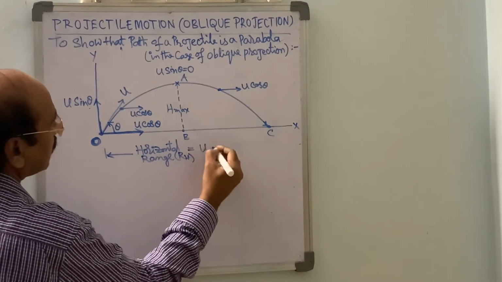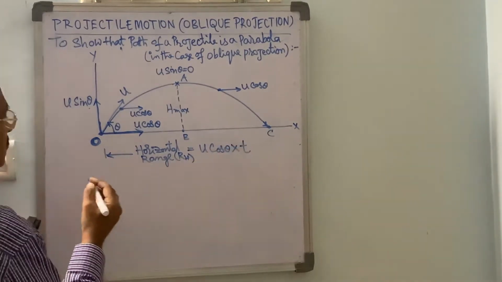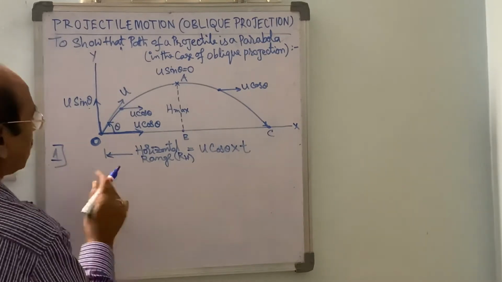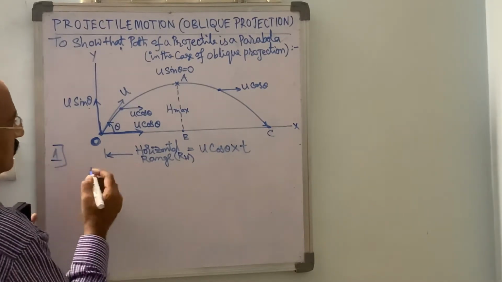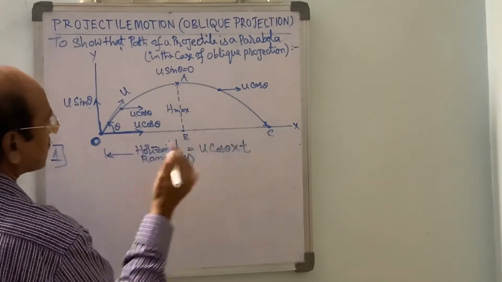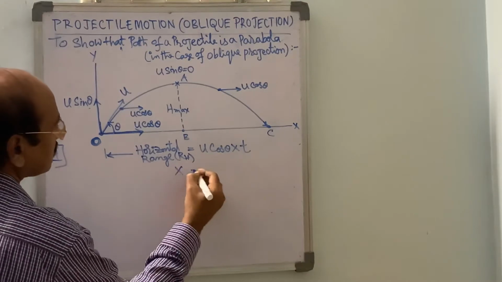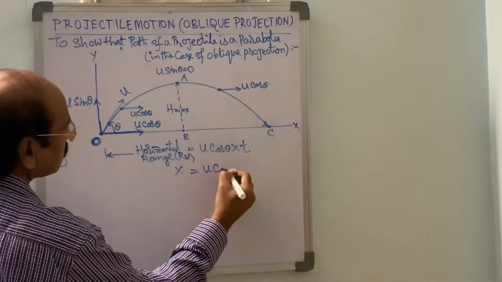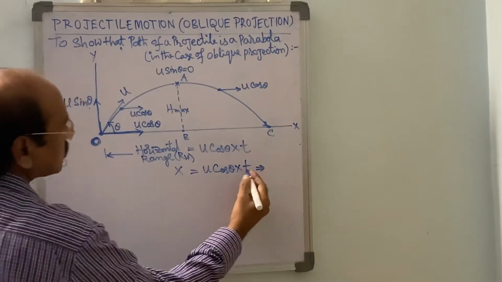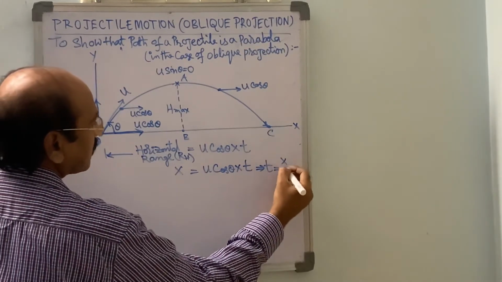It is equal to horizontal velocity into t. So this is the first expression for the horizontal distance travelled. Let this be x. So t is equal to x by u cos theta.